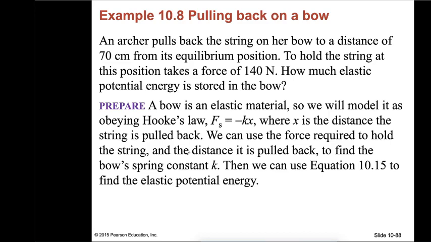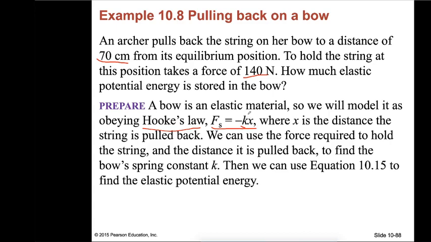Okay. So Hooke's law tells us F equals negative kx. So we can calculate the k here. If the force is 140 and the displacement is 0.7 meters, then you can calculate k.